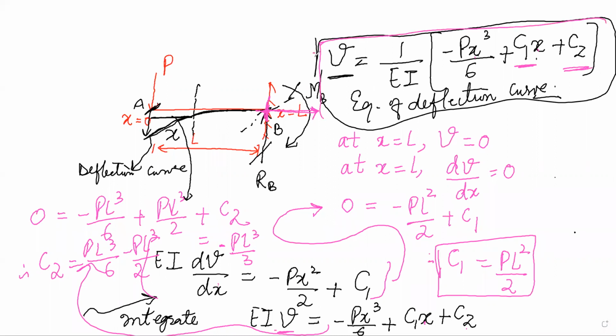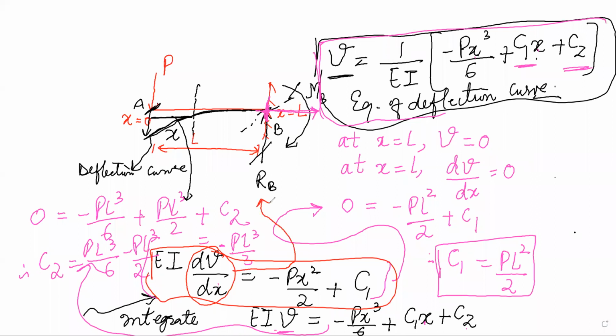This is important. This is the equation of the deflection curve. And if you look at this equation, this is the equation of dν by dx, what we call the slope equation, because ν is deflection and dν by dx is what is known as the slope.